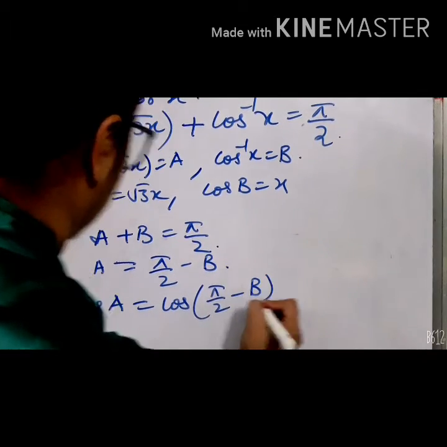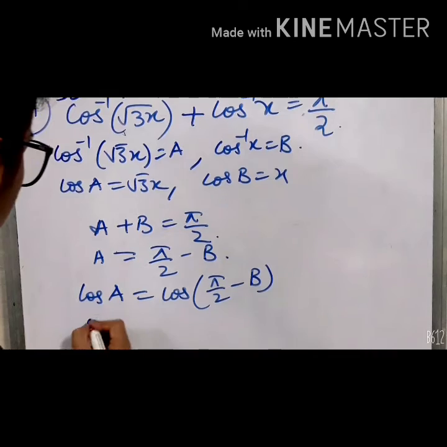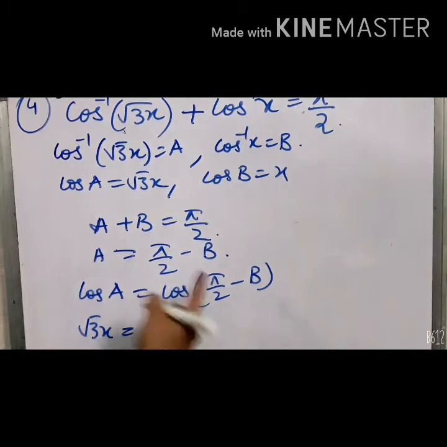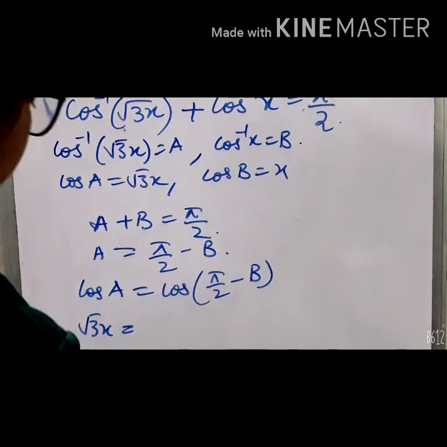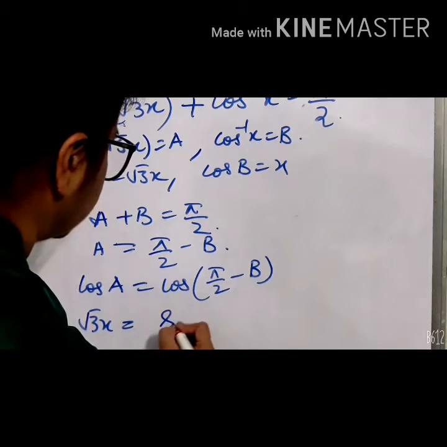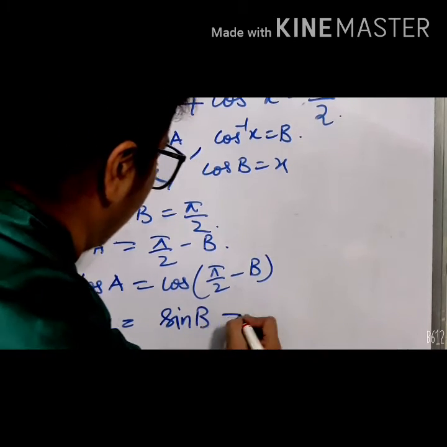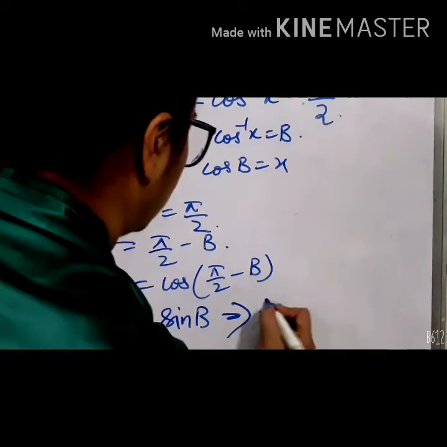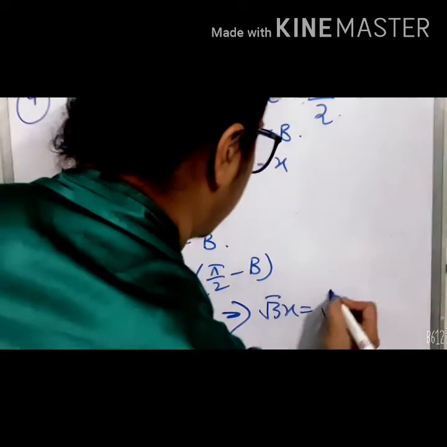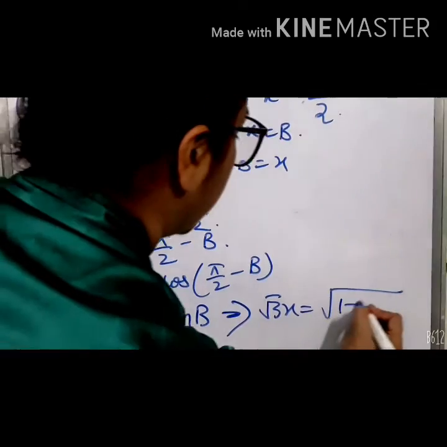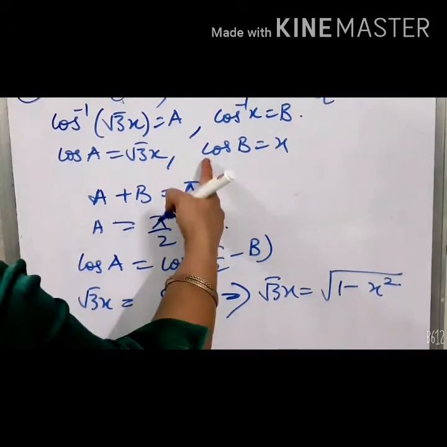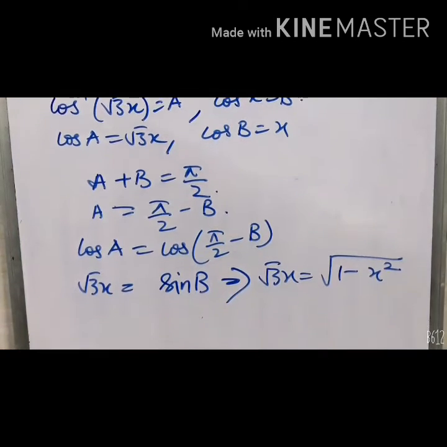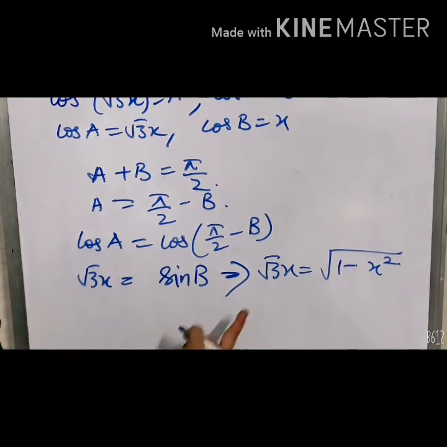It becomes cos a is equal to cos of pi by 2 minus b. What is cos a? Root 3x. What is cos 90 minus theta? The function will change, and it is in the first quadrant, so it becomes sin b. So root 3x is equal to under root of 1 minus x square, because sin b is under root of 1 minus cos square b, by using the identity.